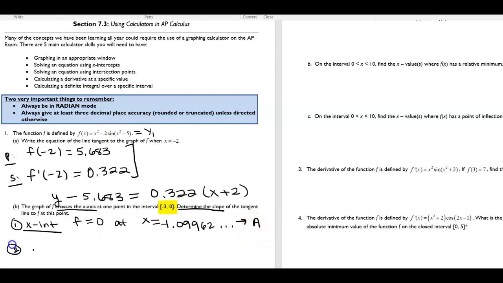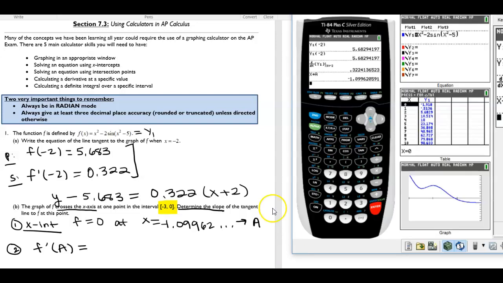The second thing I need to do is find f prime of A, the slope at that point. And so I'm going to go back to my calculator. I'm on the calculator screen, the home screen, not on the graph. I'm going to do the derivative at that value. So math 8, again, is your derivative with respect to x of y1. So that's alpha trace, or it's the variables button.